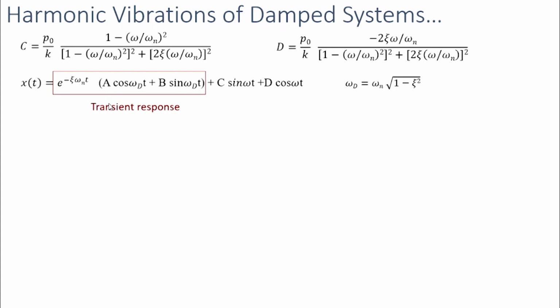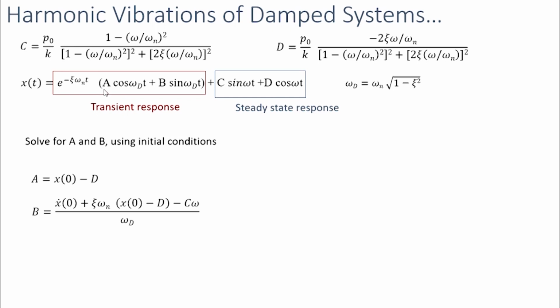So this part of the solution is known as the transient response because it decays with time, and this part is known as the steady state response. So this will not decay with time. This will be the predominant response because this part decays with time, and this will remain as long as the force remains. So this is the predominant part of the response.